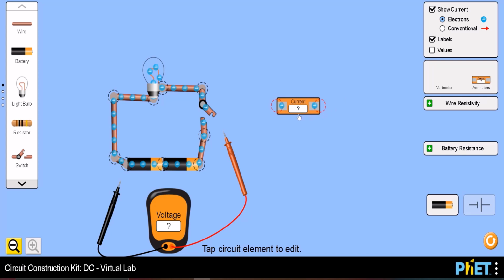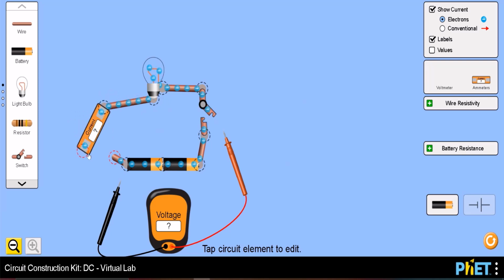So let's see if the current remains the same or it is now different. So I'll remove this wire, and now let me join the ammeter. This is a digital ammeter, as I have told you already, and we have to join the ammeter always in series with the circuit. So this is how we have to join.